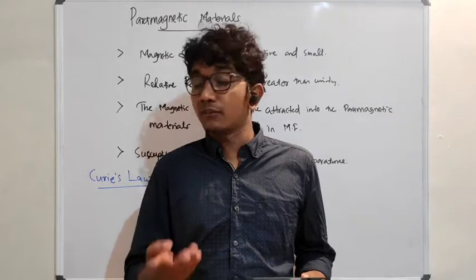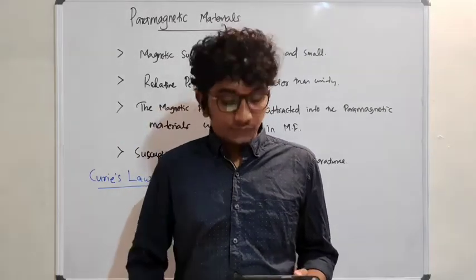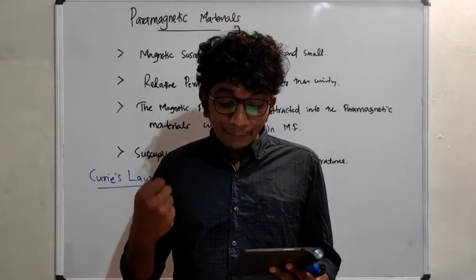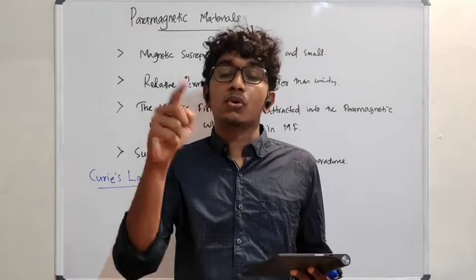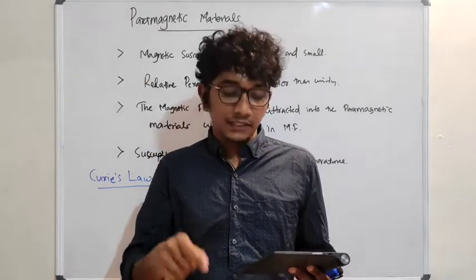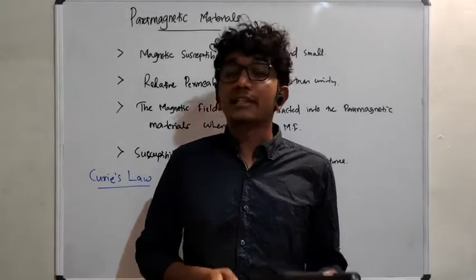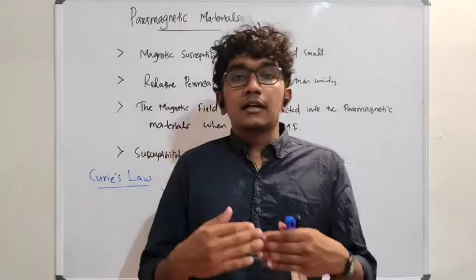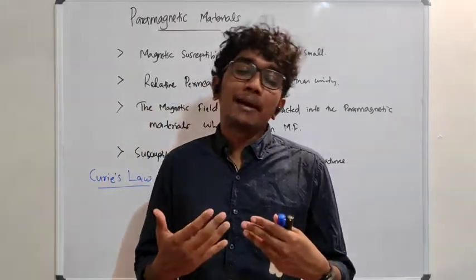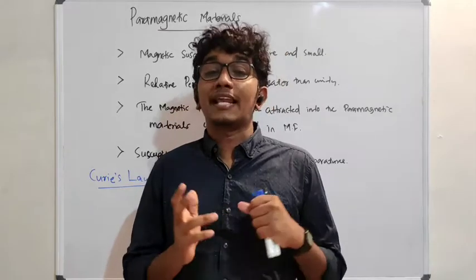When we apply a non-uniform external magnetic field, the paramagnetic materials will have a tendency to move from the weaker to the stronger side of the field. Note the point. Materials which exhibit this type of magnetism are known as paramagnetic materials, and this particular property is known as paramagnetism.